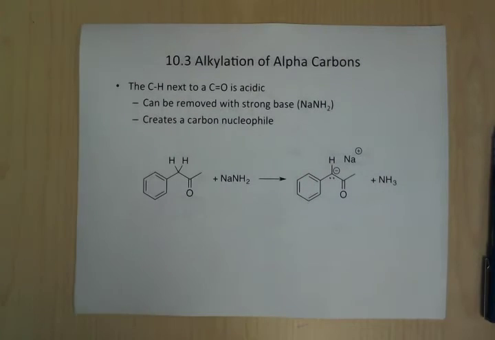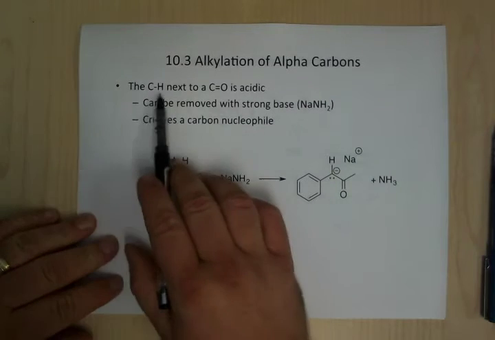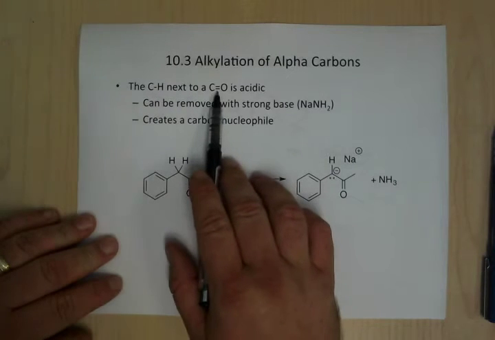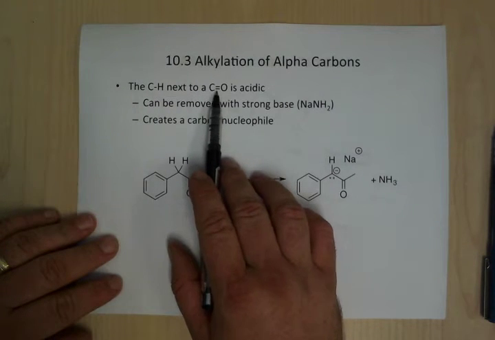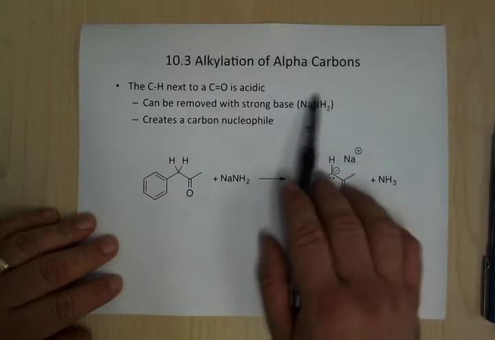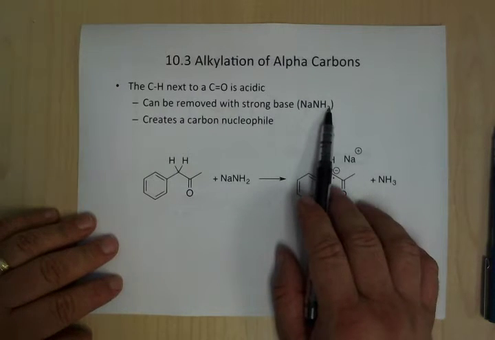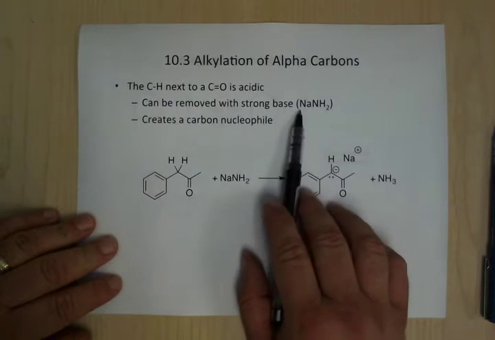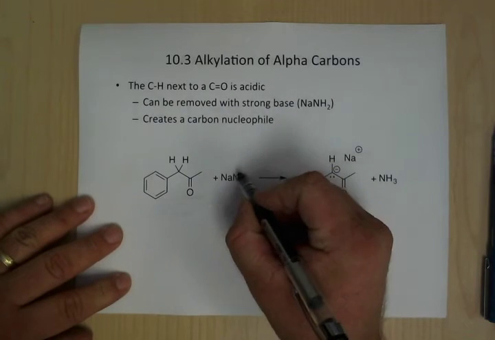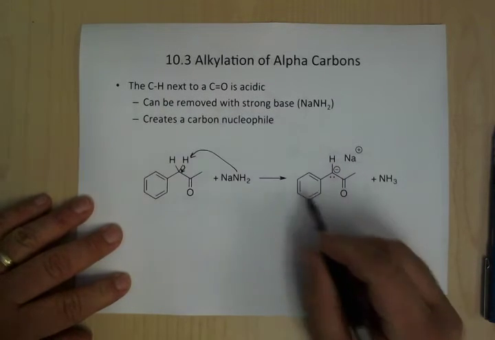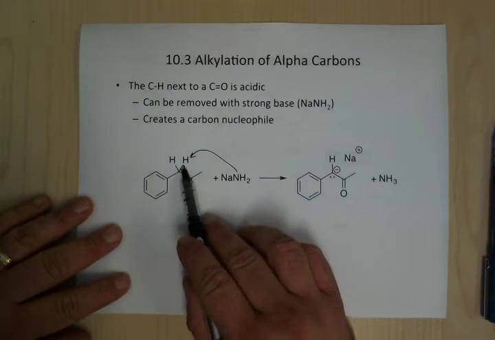One of the things, we're not going to talk very much about this, but we had talked before that a CH next to a C double bond O becomes incredibly acidic. If you have a strong base, like sodium hydroxide, you probably don't even need something quite that strong, it can come in, grab this hydrogen, and move the two electrons into this bond here.